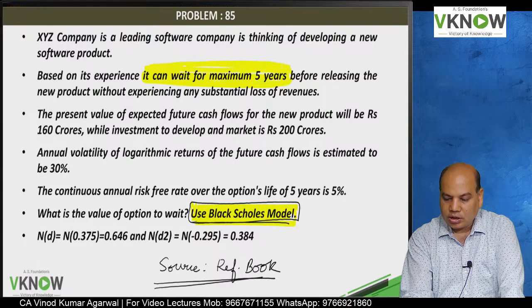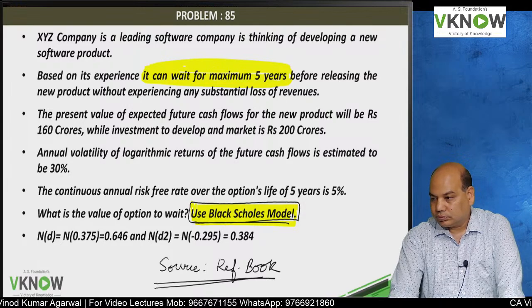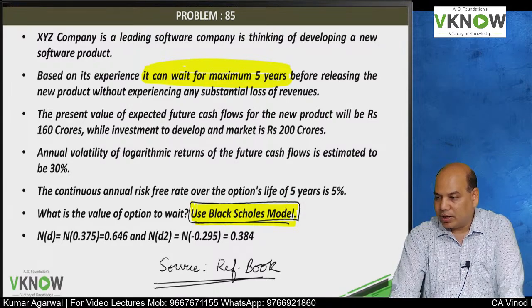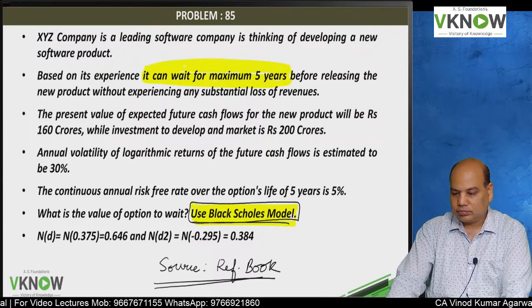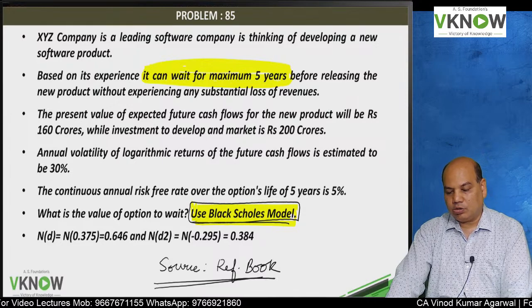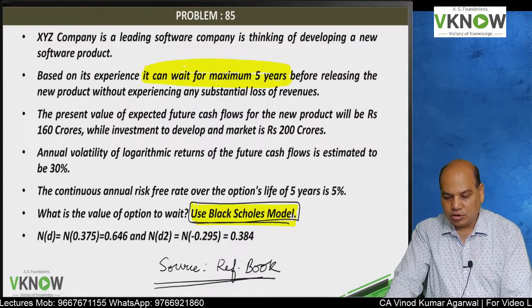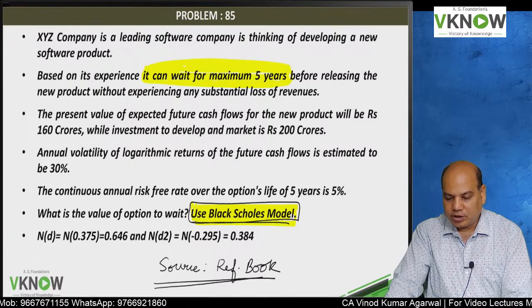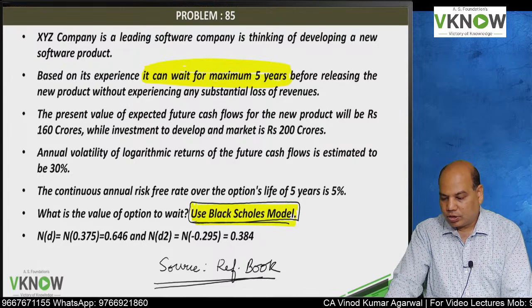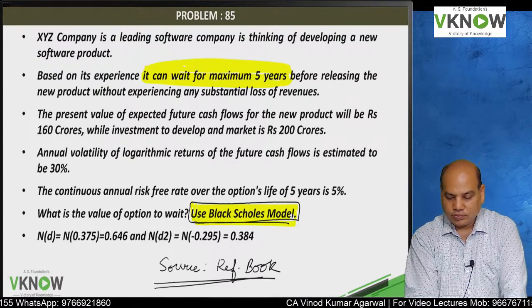So this is like a call option with a 5-year option expiry date. Real options have a longer expiry date, 5 years. Before releasing the new product without experiencing any substantial loss of revenue, the present value of the expected future cash flow for the new product will be rupees 160 crore.